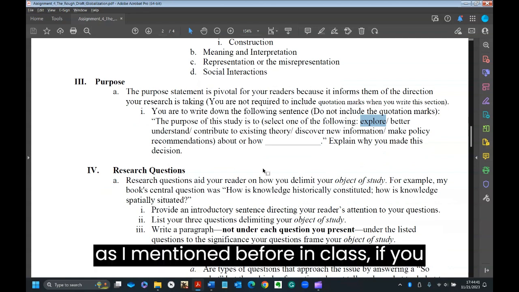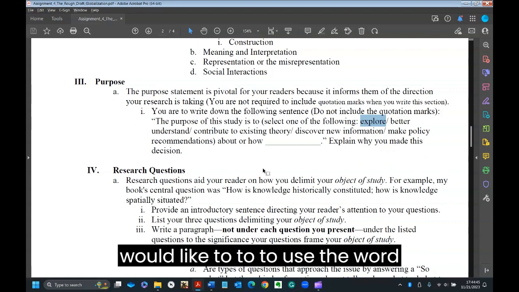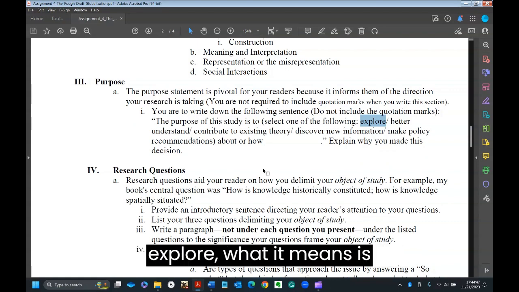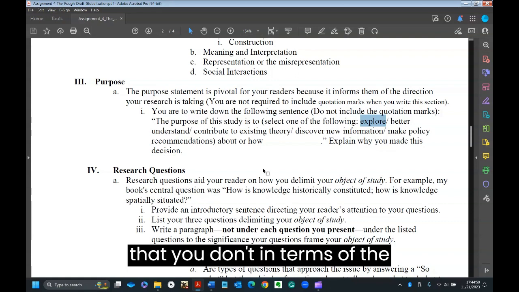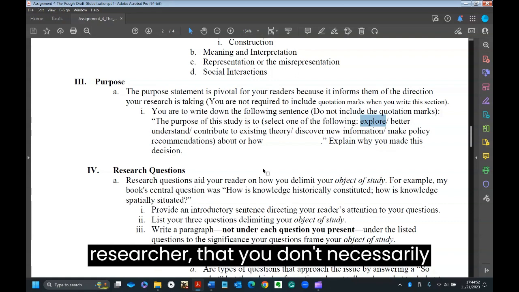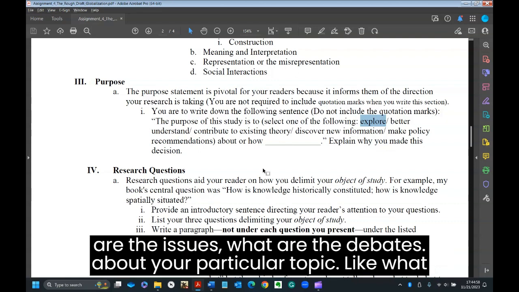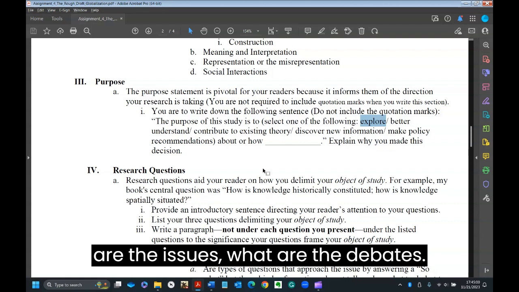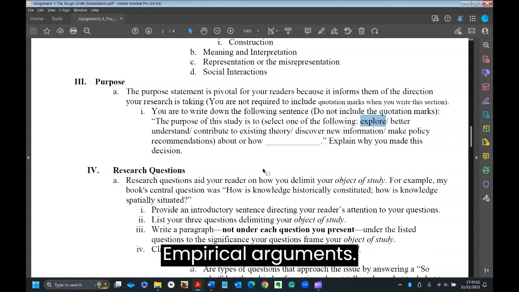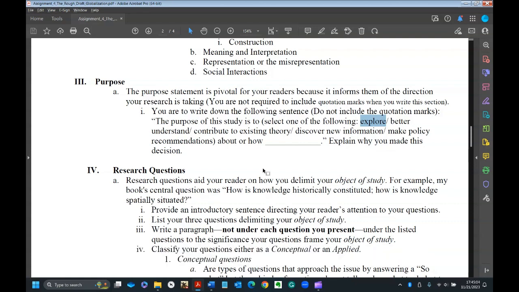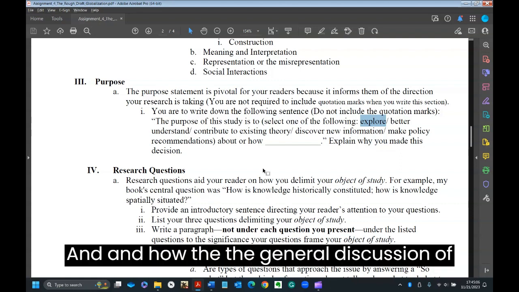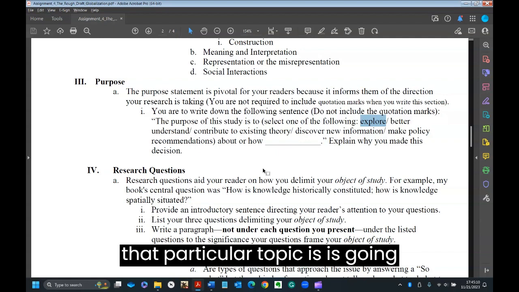Okay. As I mentioned before in class, if you elect to use the word explore, what it means is that you, in terms of the researcher, don't necessarily have all the necessary understanding about your particular topic. Like, what are the issues, what are the debates, empirical arguments, and how the general discussion of that particular topic is going.